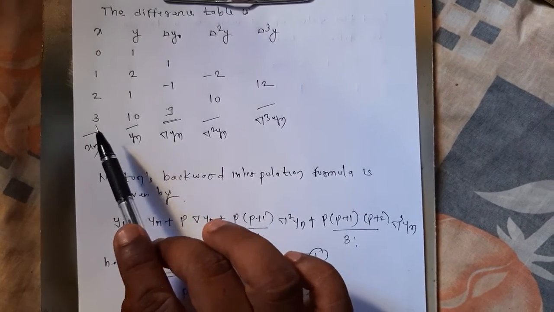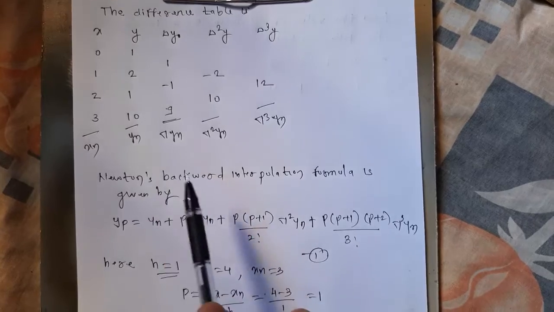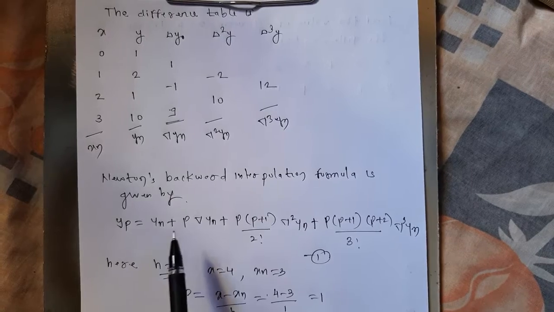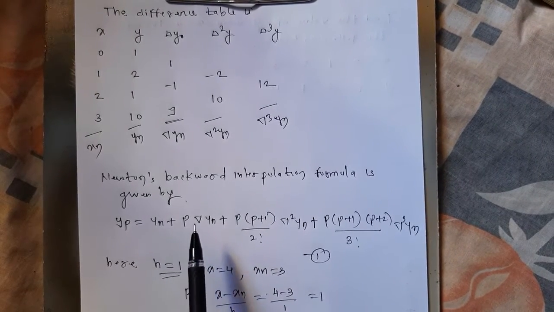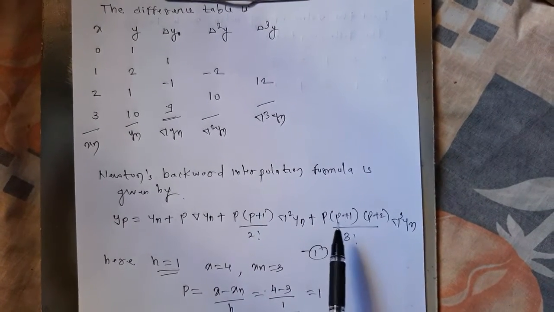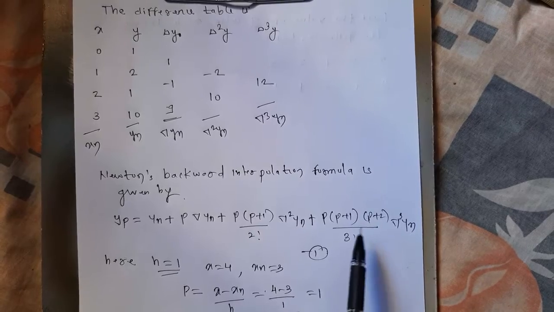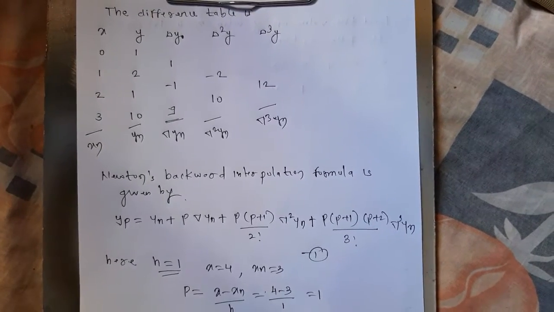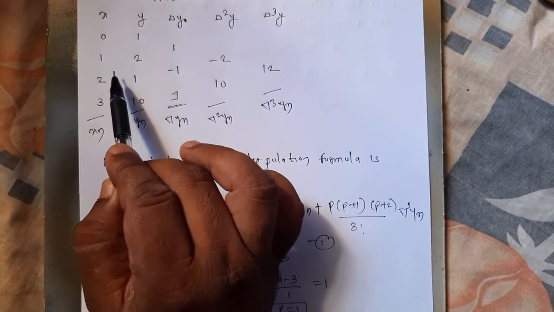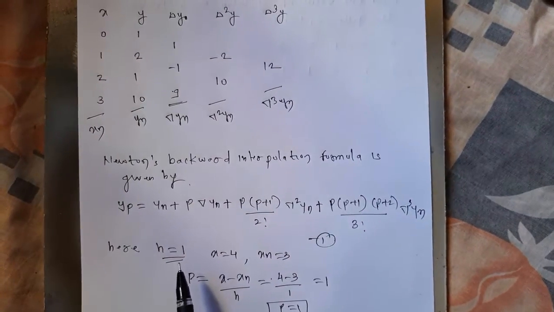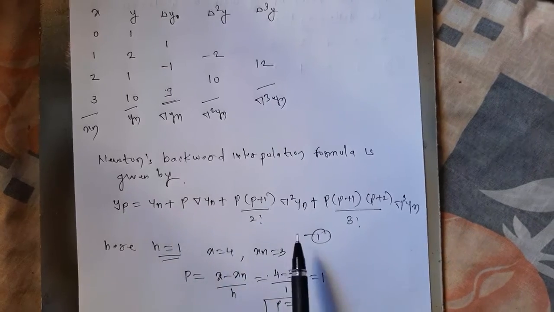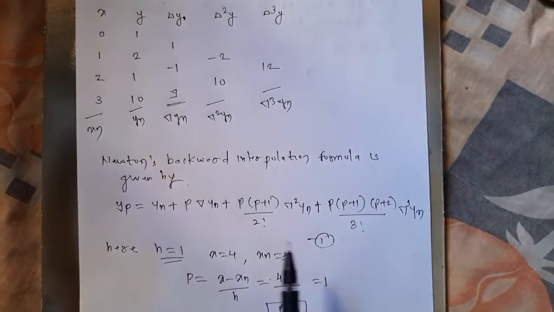Already I have told we have to find the value of y when x equal to 4, and x equal to 4 is nearer to the last value. Therefore, I am using here Newton's backward interpolation formula. So I will write the formula here: yp equal to yn plus p into del of yn plus p into p plus 1 upon 2 factorial del square of yn plus p into p plus 1 into p plus 2 upon 3 factorial into del cube of yn. Here the difference between two numbers in x is 1. Therefore, the value of h is 1, x is 4, the given value, and xn, the last value, is 3.